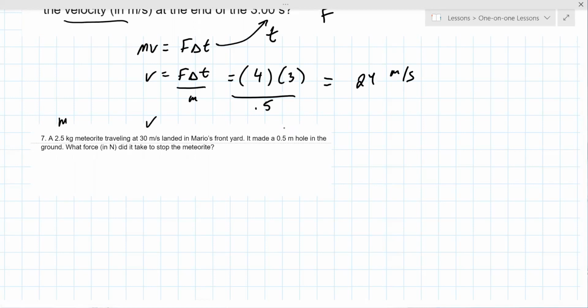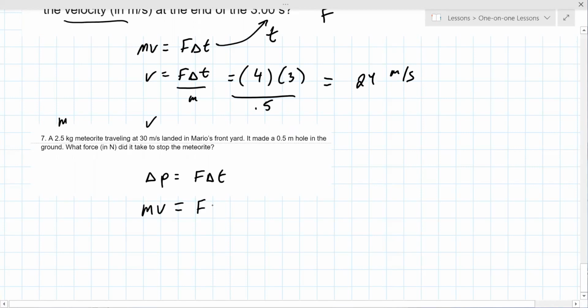Okay. So we got change in momentum, delta P equals force delta T. We need to find the force. We've got the mass, we got the velocity, force delta T. So what we don't have is the time it takes.